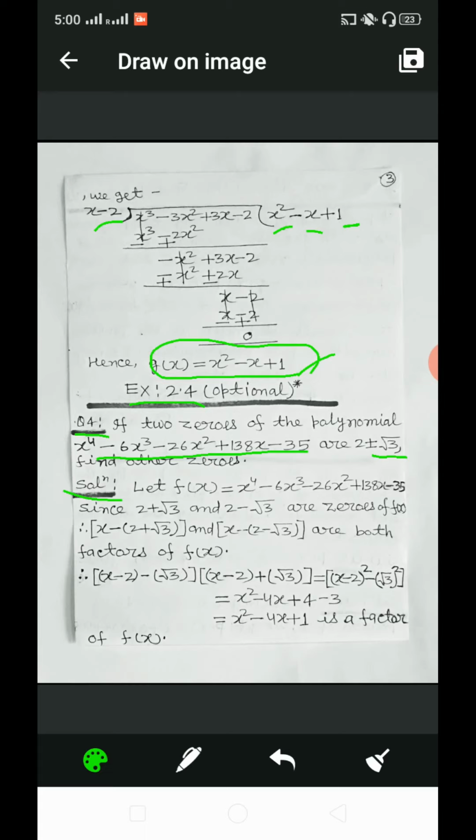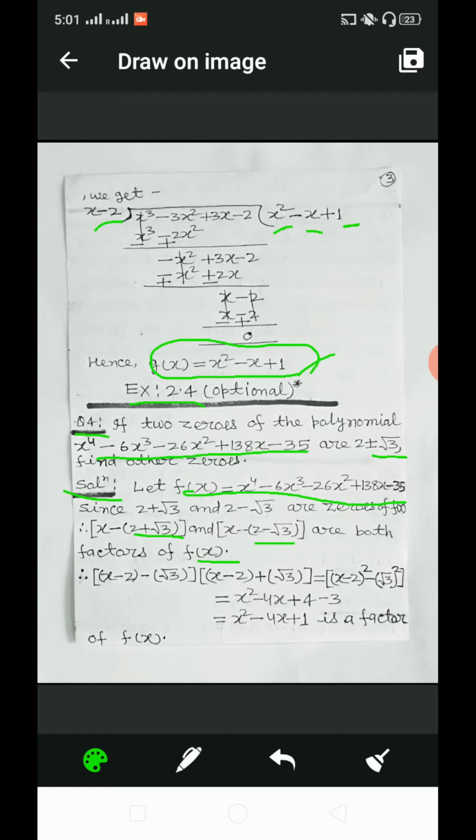Let us suppose that f(x) is equal to x to power 4 minus 6x cube minus 26x square plus 138x minus 35. Since 2 plus root 3 and 2 minus root 3 are zeros of f(x), as already given in the question, x minus in bracket 2 plus root 3 and x minus in bracket 2 minus root 3 are both factors of f(x).